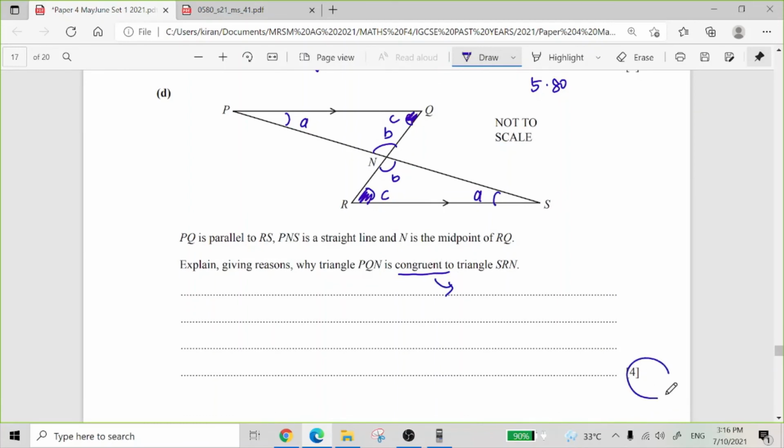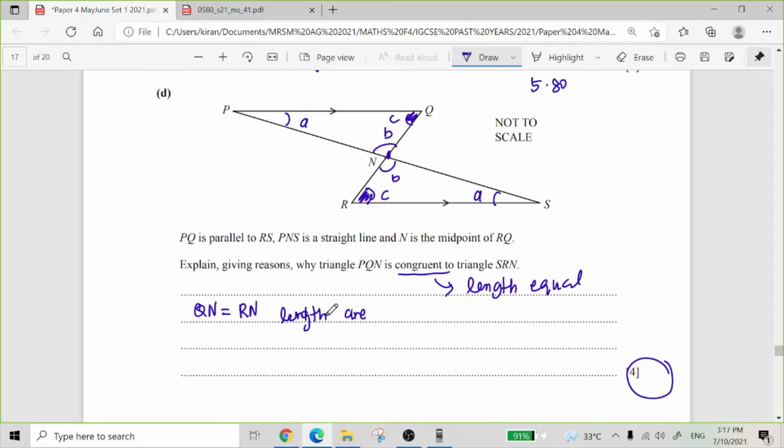Okay, 4 marks: you must explain the lengths are equal. So given that N is the midpoint of the length RQ, it means that QN is equal to RN. Okay, lengths are equal.